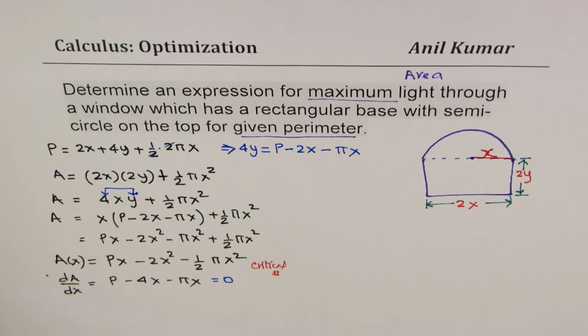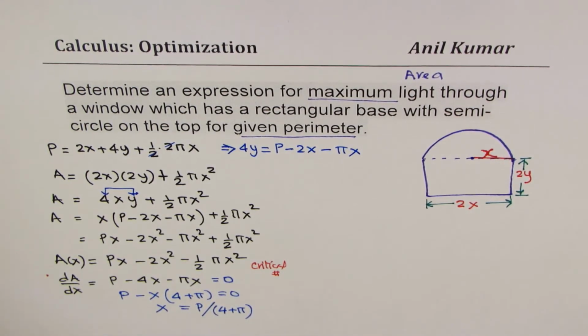So we can write from here that the value of x should be what? So we can isolate x from here, right? So taking x common, we can write this as p minus x times 4 plus pi equals 0, or we can say x equals p divided by all this. Is it okay? So x is equal to p divided by 4 plus pi.